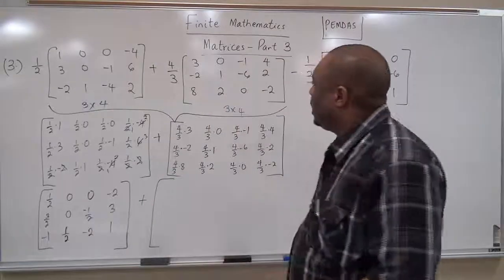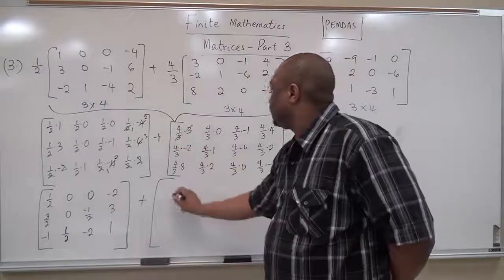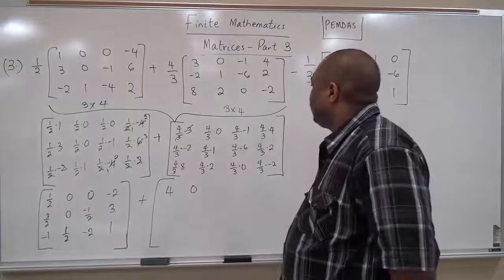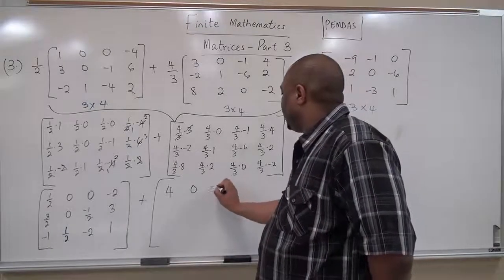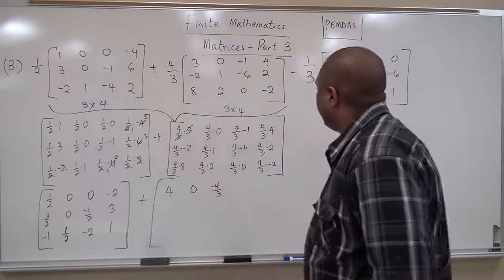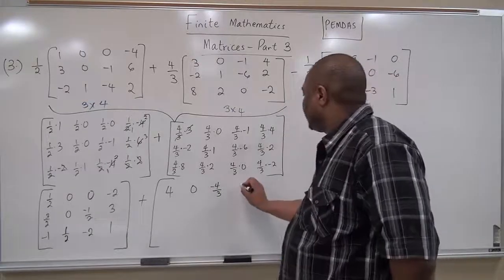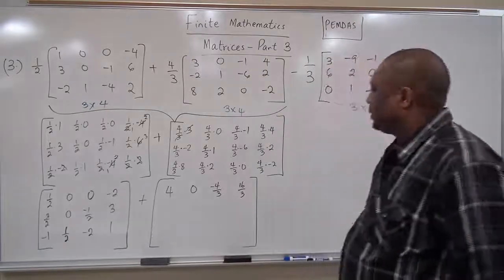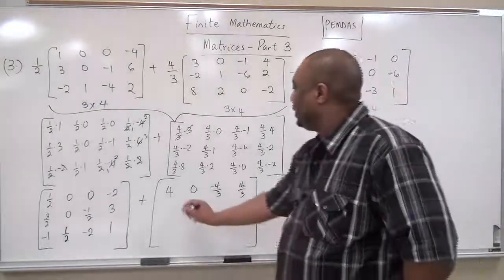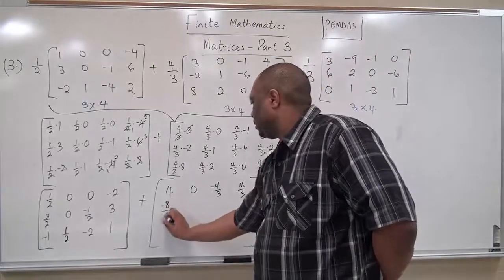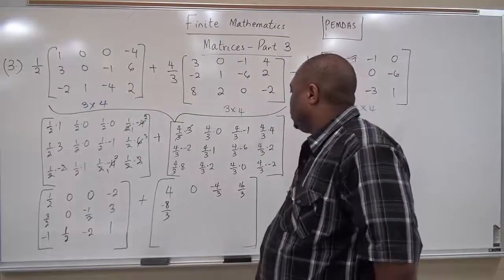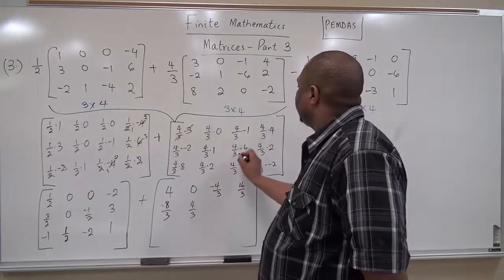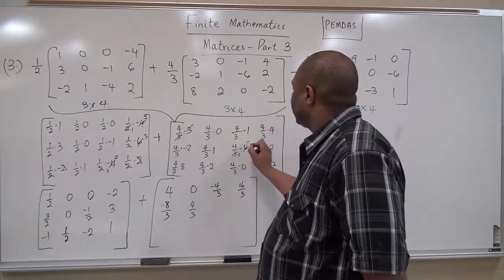Let's see this. 4/3 times 3 gives us 4. 4/3 times 0 is 0. 4/3 times -1 will give us -4/3. 4/3 times 4 will be 16/3. 4/3 times -2 is -8/3. 4/3 times 1 is 4/3. 4/3 times -6, 3 divided by 3 is 1, 3 divided into 6 is 2.